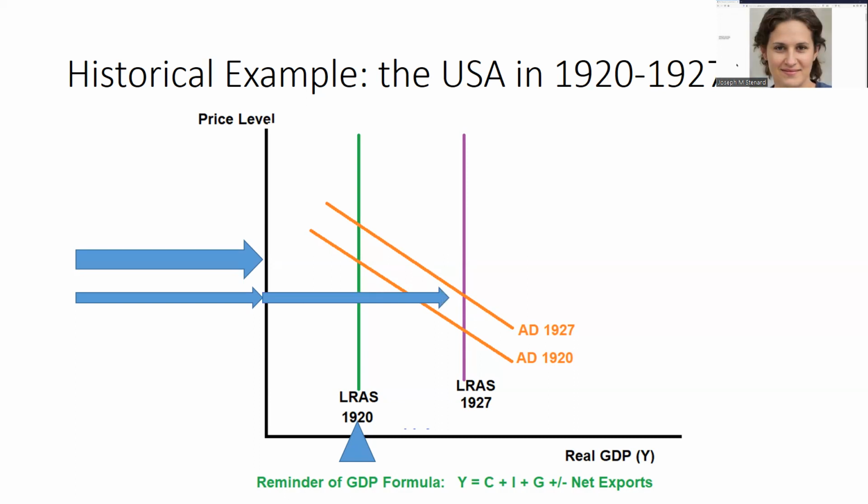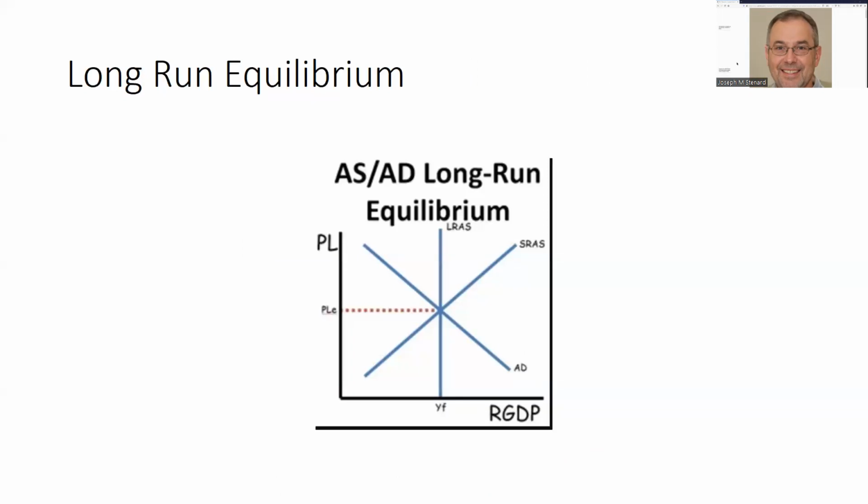That price level corresponds with the intersection point of the long run aggregate supply curve and the aggregate demand curve, both for 1927, as opposed to what it was before. And the GDP moved up as well. Thought you'd enjoy that. Little extras for you.